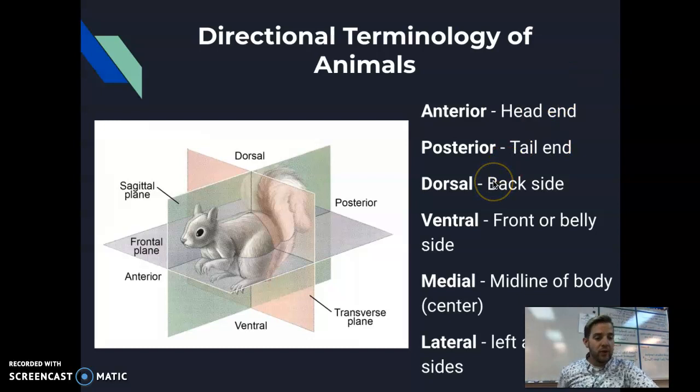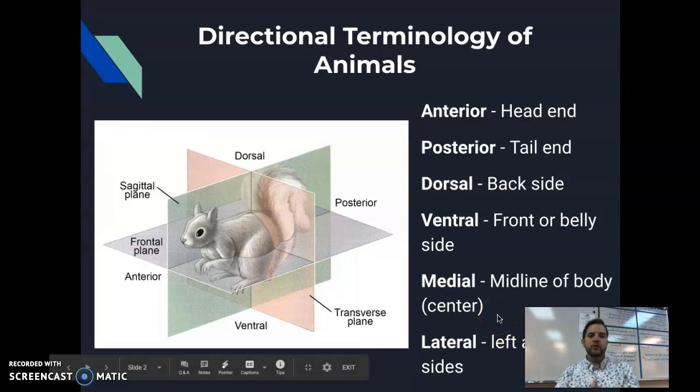Our dorsal side is our back side, and that's the same thing for all organisms. You see here on the squirrel, the dorsal side is running right there along the back. The ventral side is the front side of the organism, which is the belly side, so that's our side as well. Most organisms, the ventral side faces down and the dorsal side faces up, but we are upright, so we face forward and back. Medial is a term that means that it's close to the center of the body.